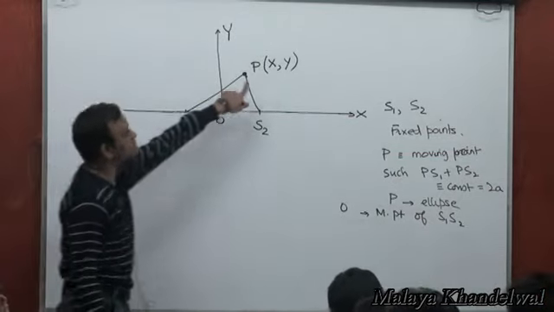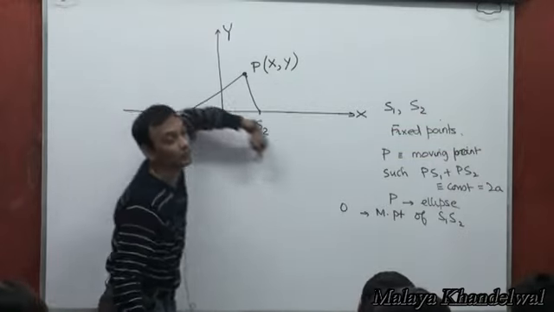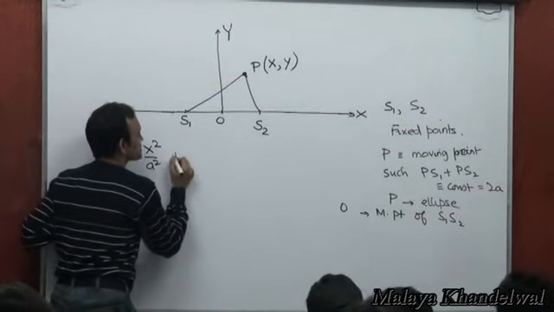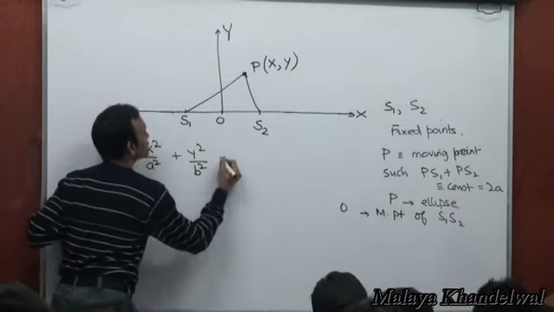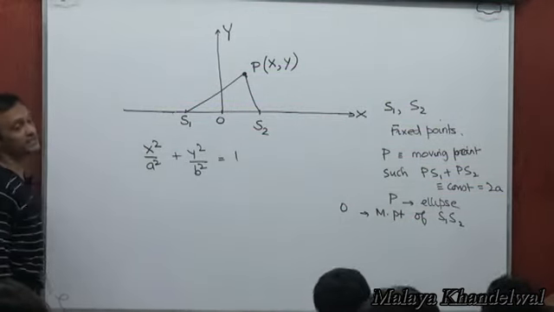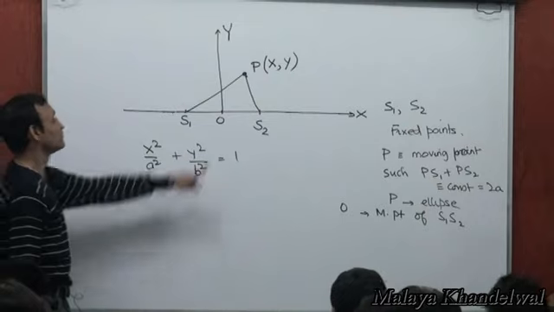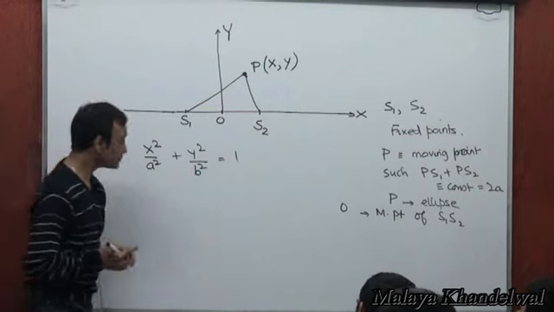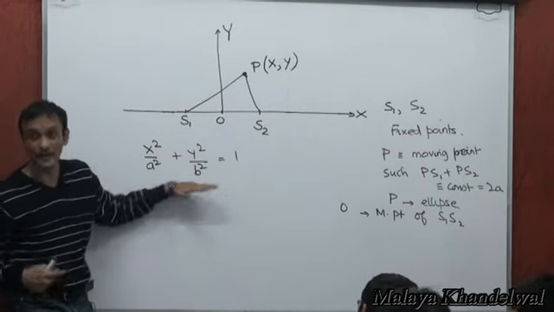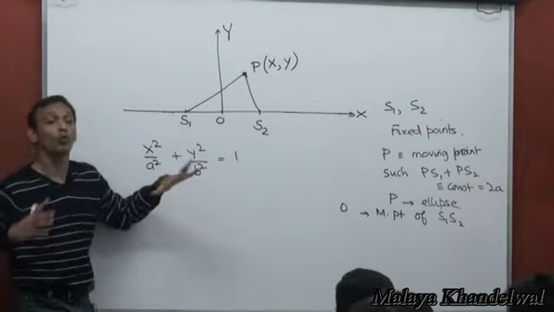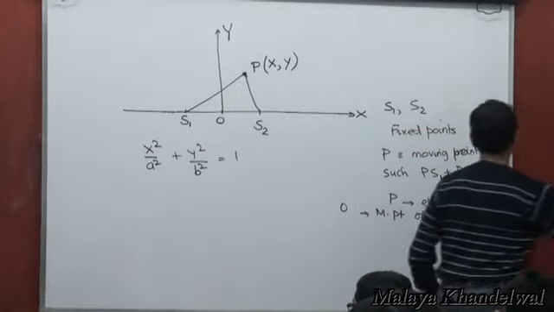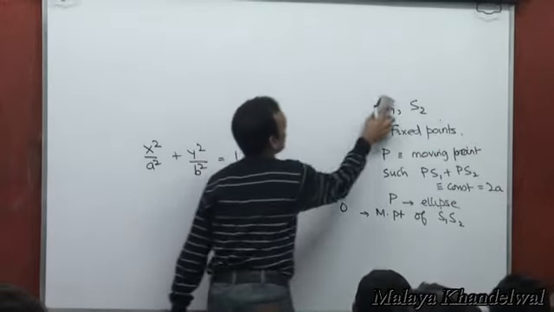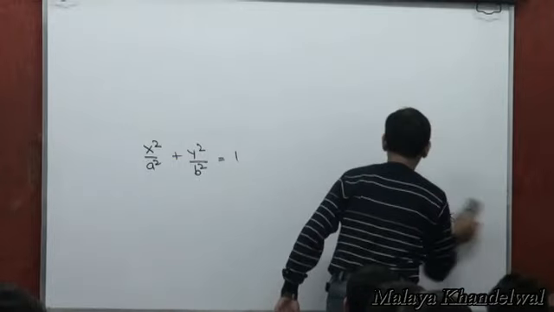Then the relationship between the x and y coordinates of this moving point at any juncture is x squared by a squared plus y squared by b squared equal to 1, where a and b are constants for the ellipse. Now, what are these constants? Like I said, it'll be an incomplete crash course, but nevertheless good enough for the requirements for gravitation.